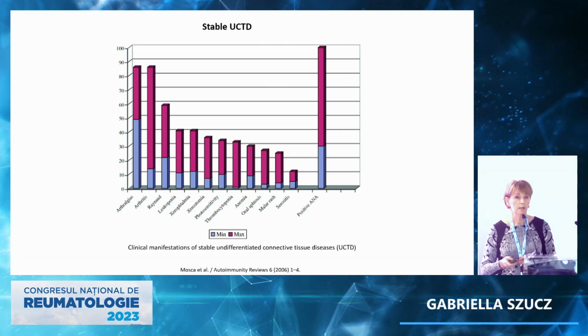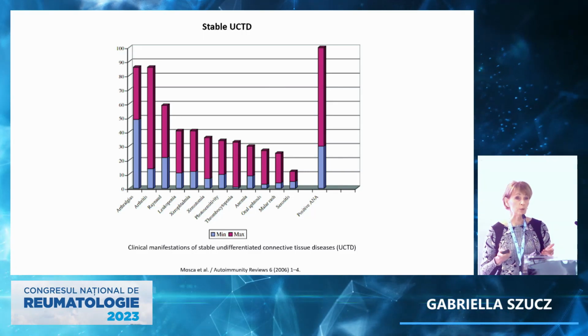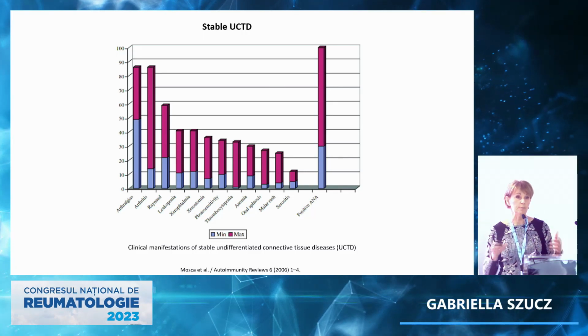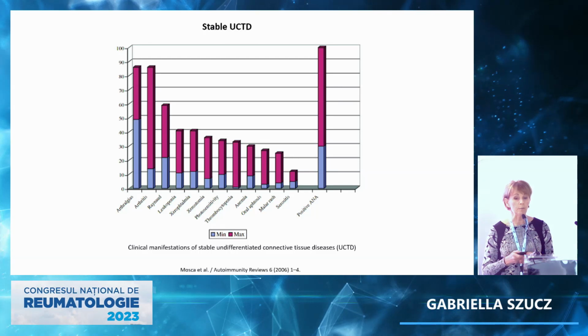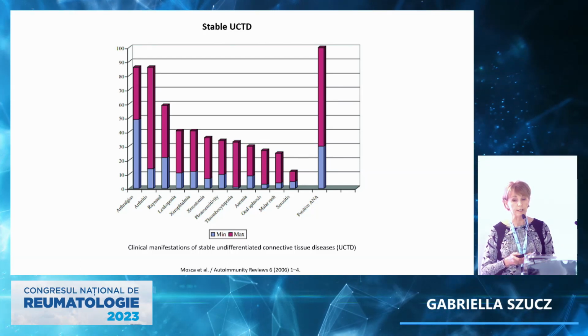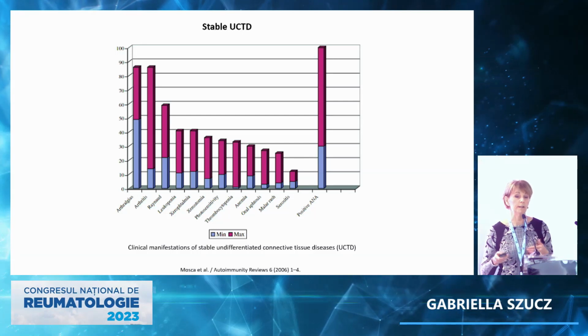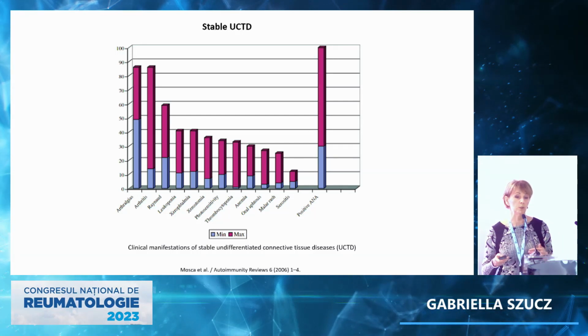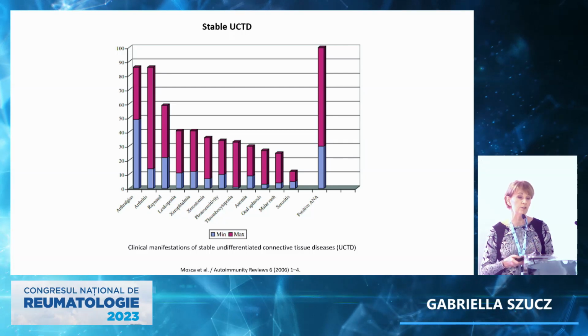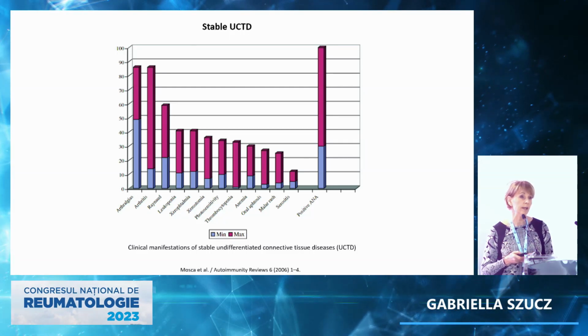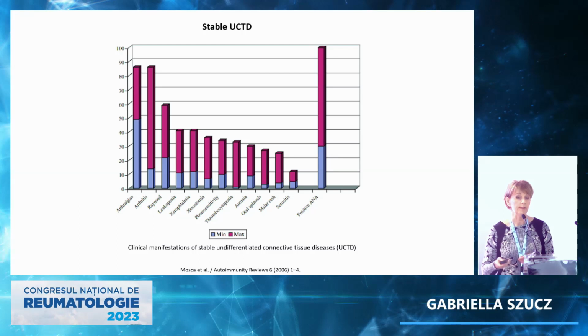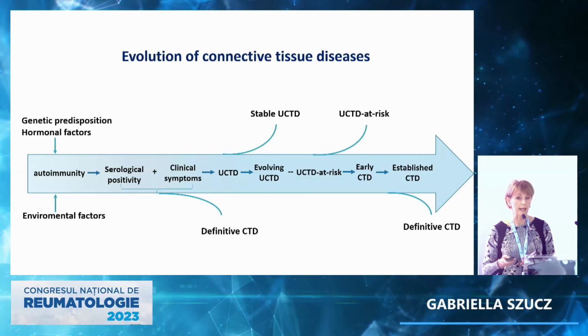If we see the stable UCTD, which is stable for years, the frequency of the clinical manifestations is highest with arthralgia, arthritis, and Raynaud phenomenon, together with the positive antinuclear antibody.